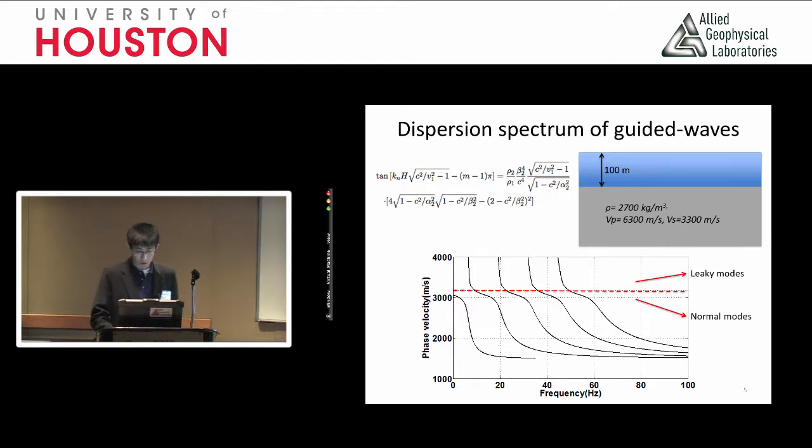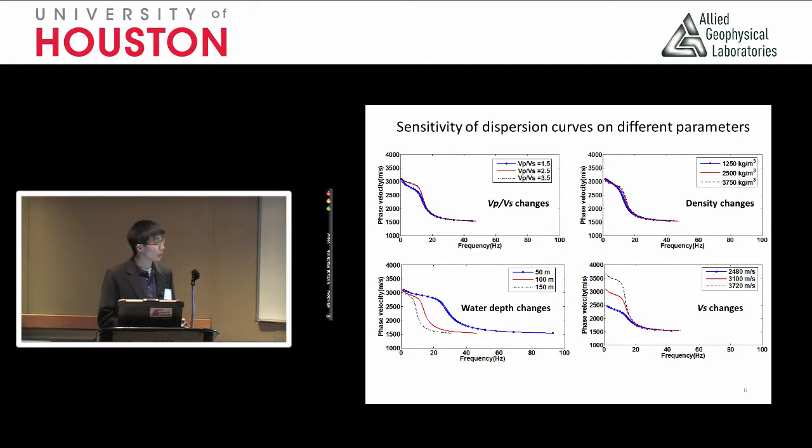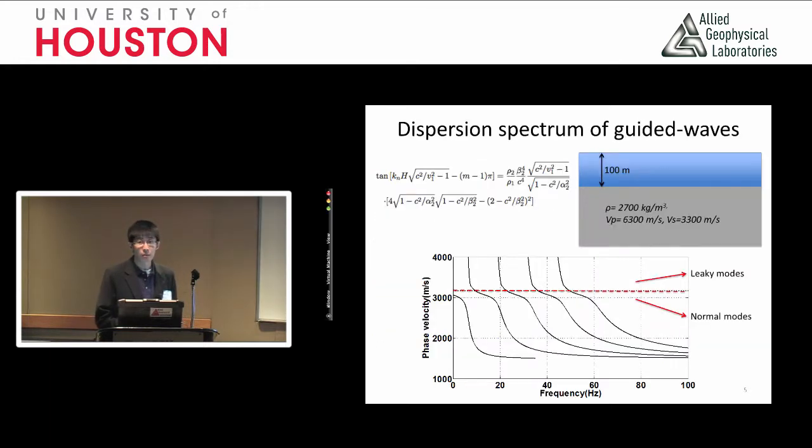So from all these properties, we can distinguish these guided wave curves, and because we have this mode number, we can plot different modes theoretically. So based on this model, we can plot this guided wave.